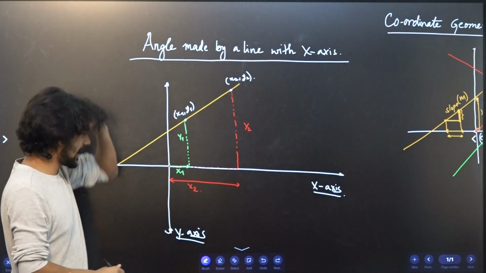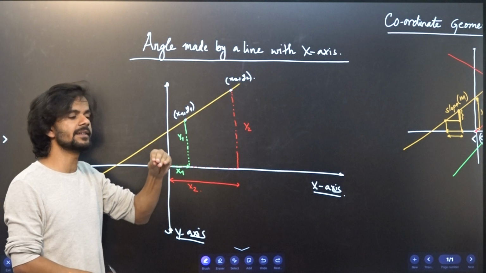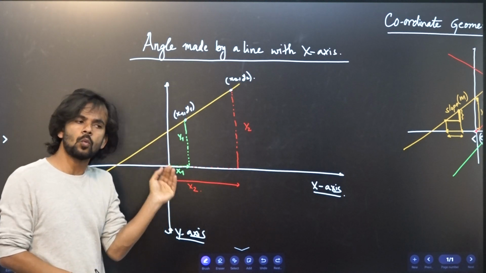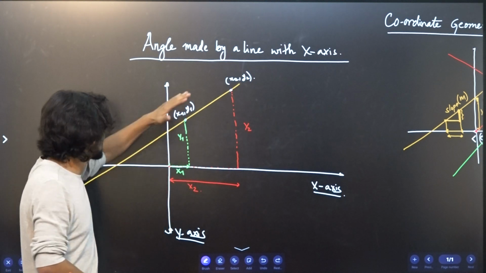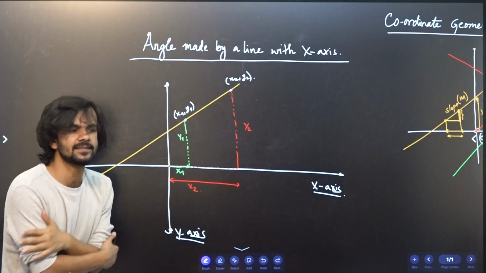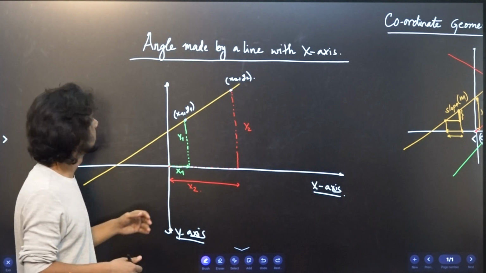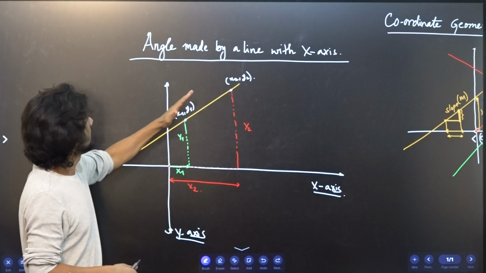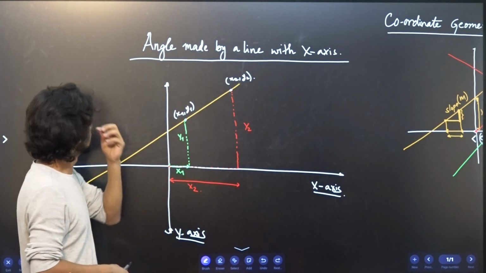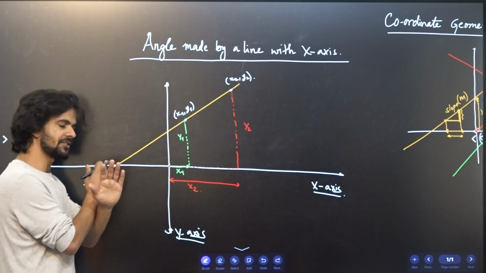What am I interested in? I am interested in finding the angle. So where is the angle of this line with the x-axis? Show me. The x-axis is a line, and this is a line. The angle is made where the intersection happens.